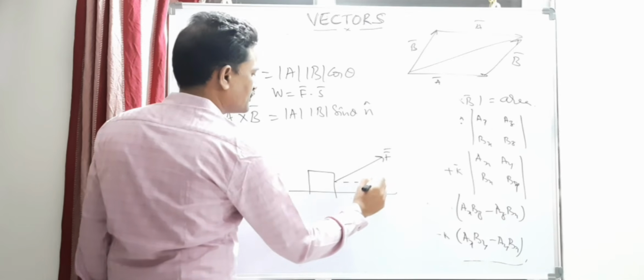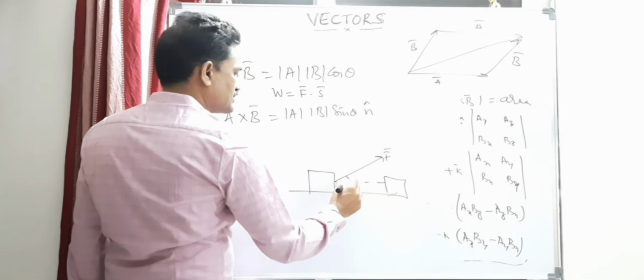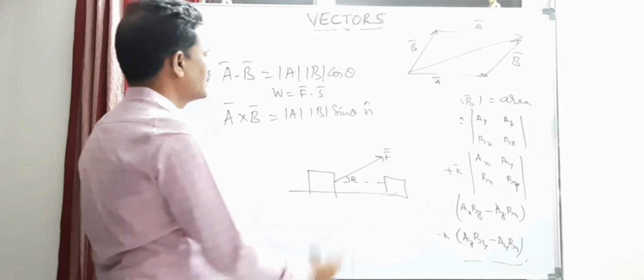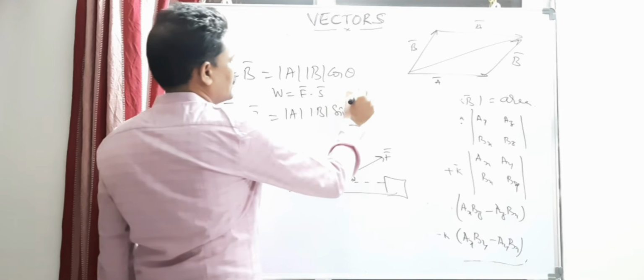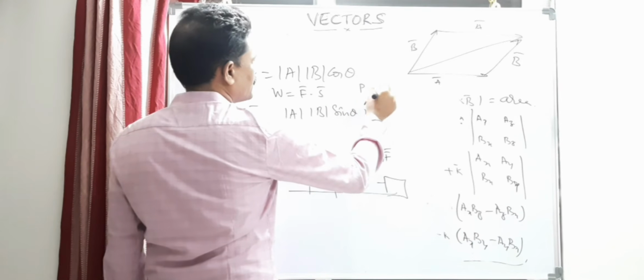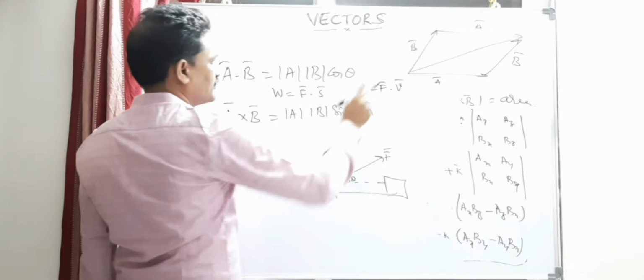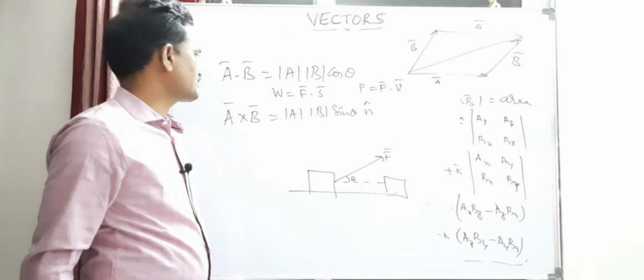It will be displaced from here to another place. The angle is theta. Then the work done is defined as W equals F dot S. In the same way, power is defined as F dot V, where V is the velocity vector and F is the force vector.